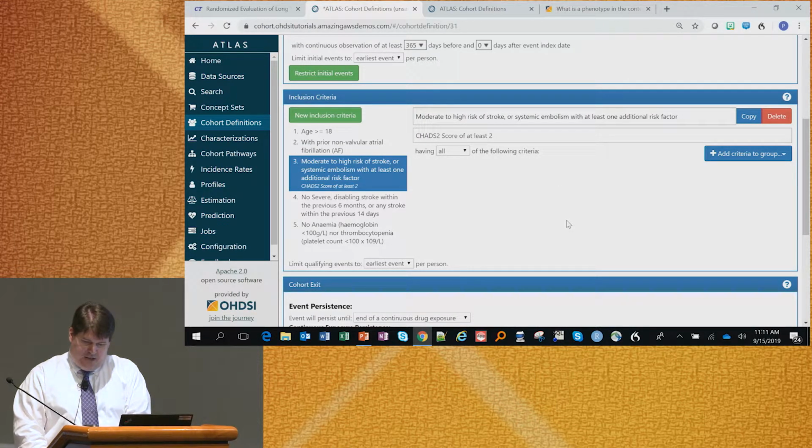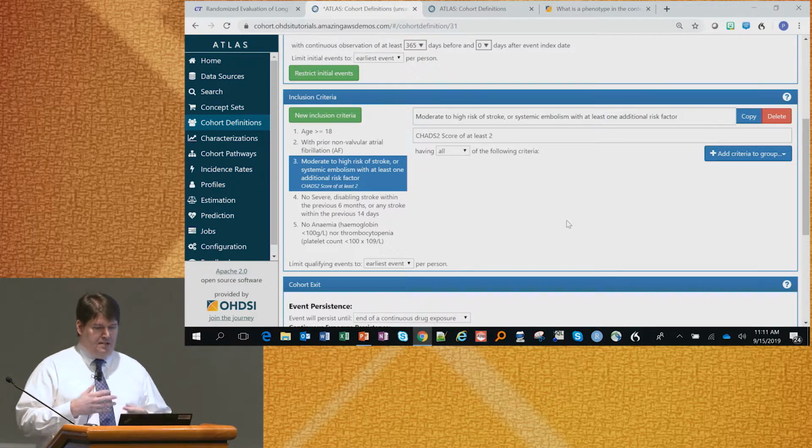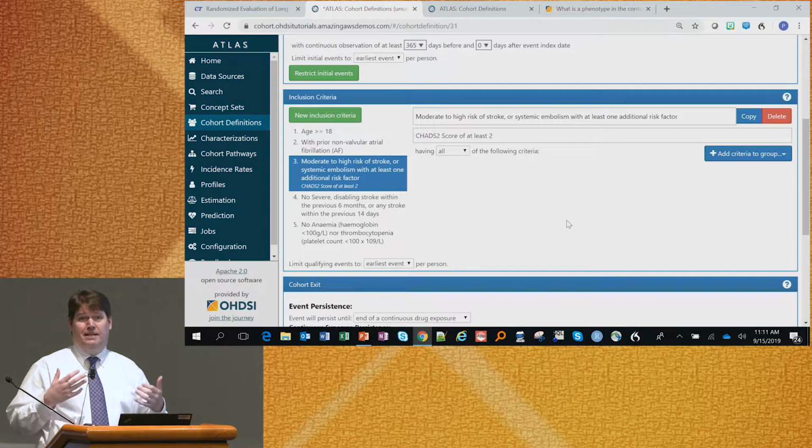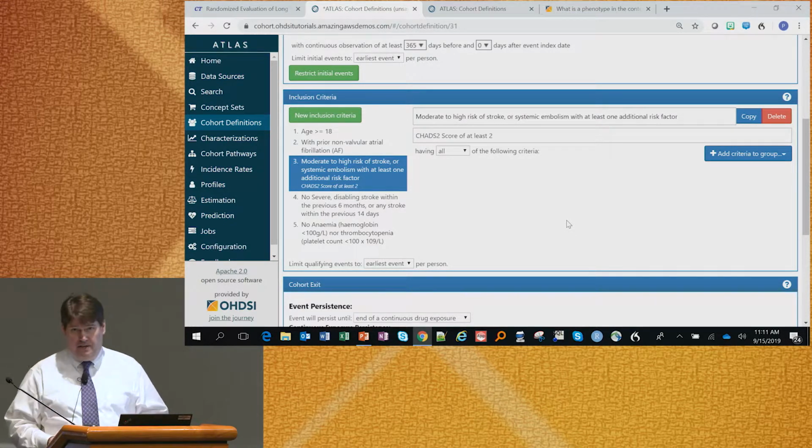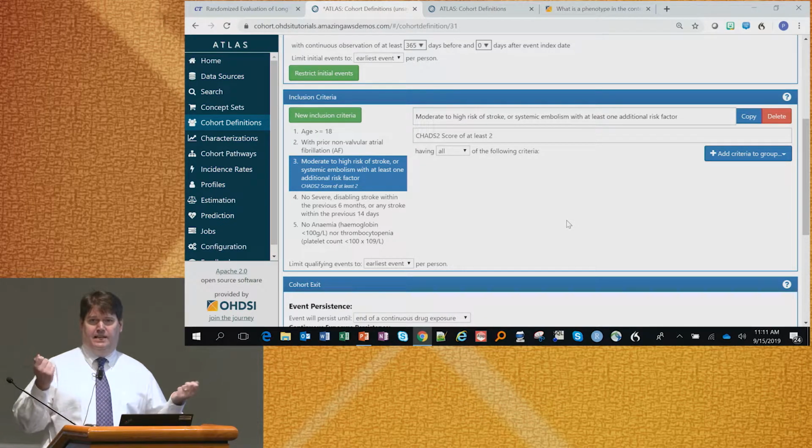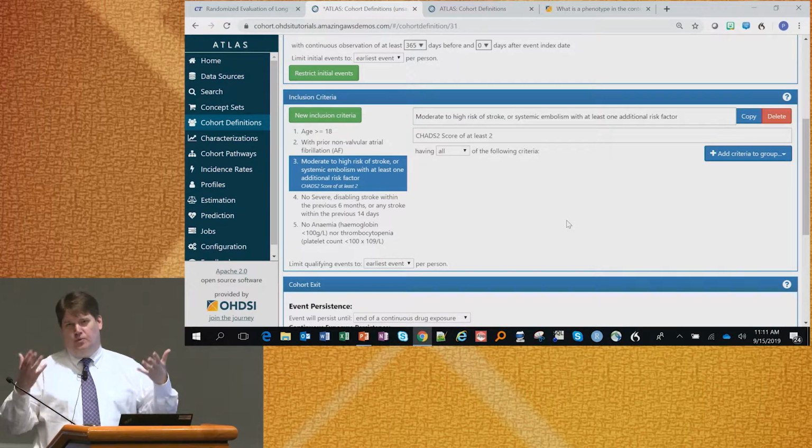All right, so rule 3 is a little bit more complicated because we're talking about a moderate to high risk of stroke, systemic embolism, and at least one additional risk factor. Going back to the way that was described in the document, it was describing the elements of a CHAD score, where if you're greater than 75, you get a 2 right off the bat.